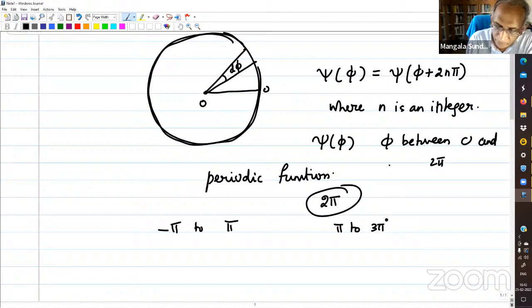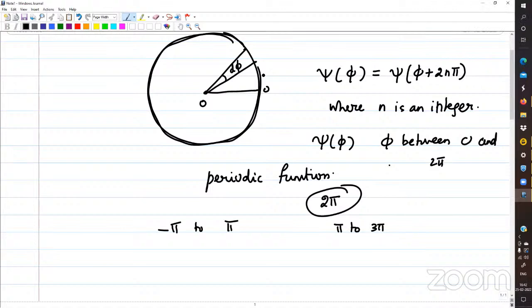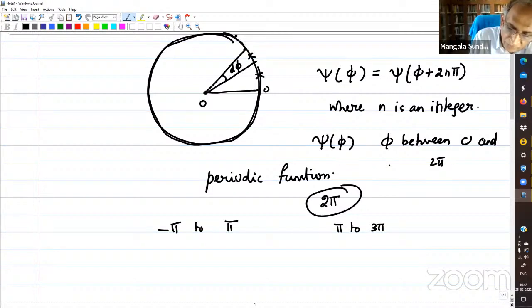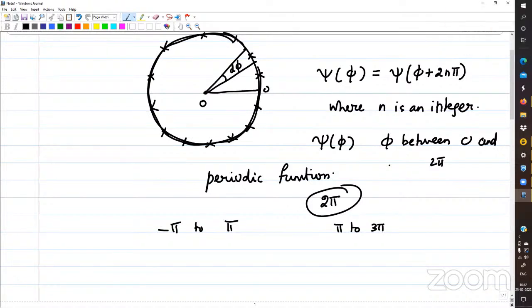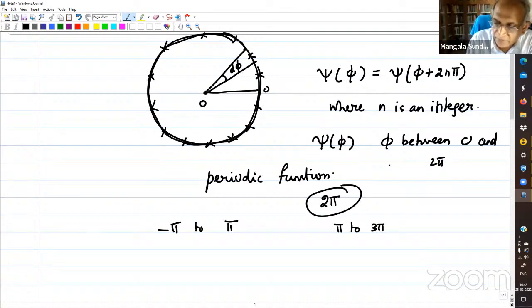It does not matter. What matters is every point on the circle represents one unique value of phi, and everything else is generated by how many times you go around the circle. Therefore, it does not matter.